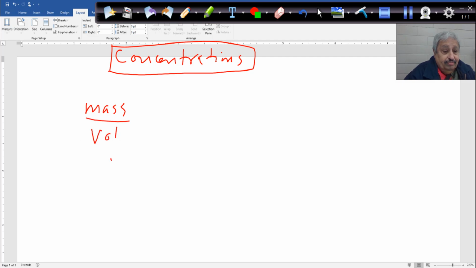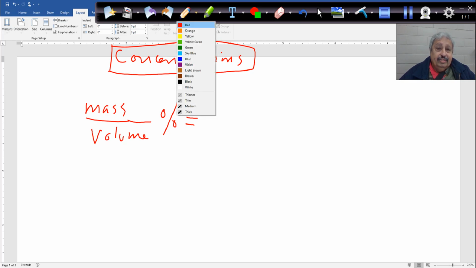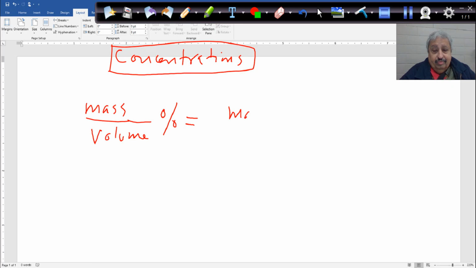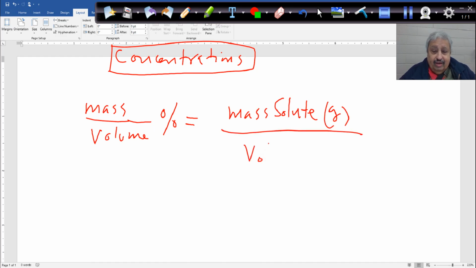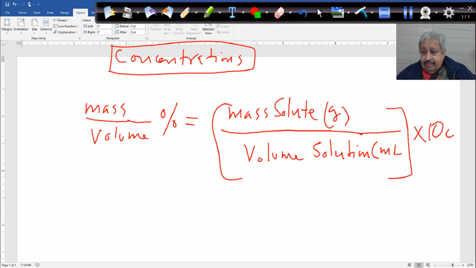mass over volume percent. Okay, this is the first formula. This formula will tell you the mass of the solute in grams over the volume of the solution in mL, and the whole thing multiplied by 100%.